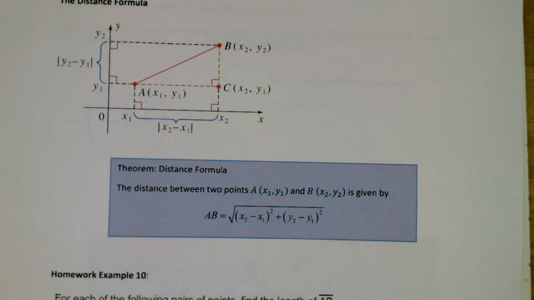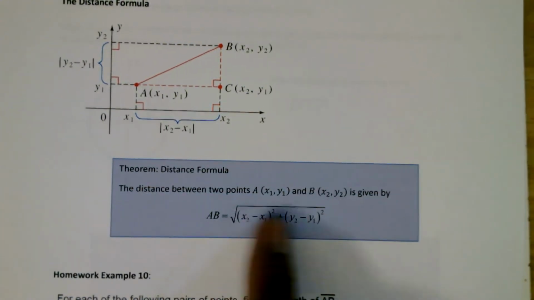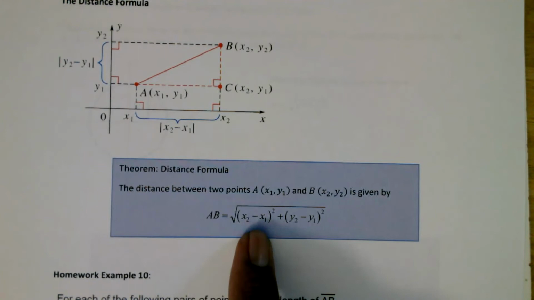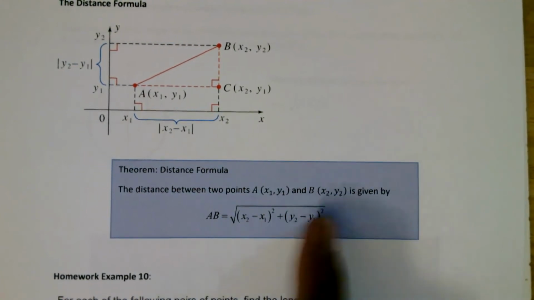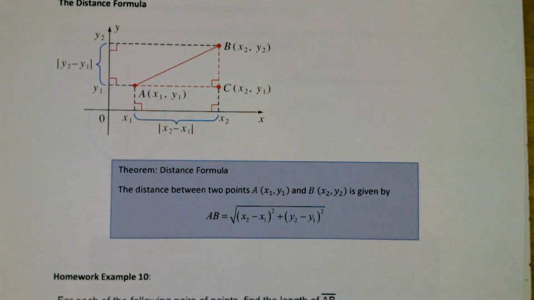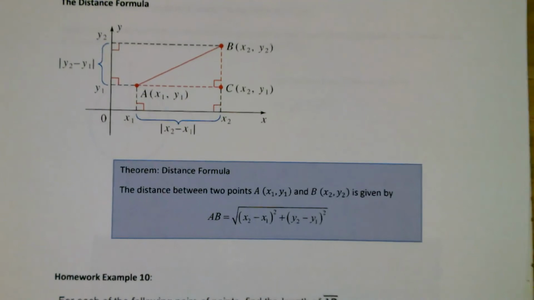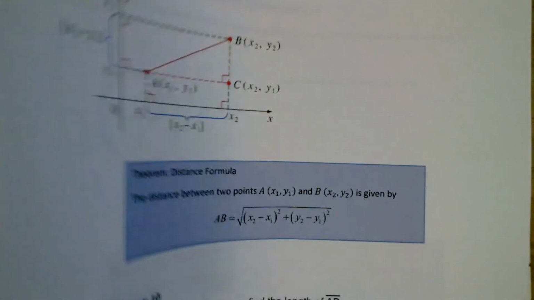The distance between 2 points A, which is x1, y1, and B, which is x2, y2, is given by AB is equal to the square root of x2 minus x1 quantity squared plus y2 minus y1 quantity squared. Okay, so we're going to apply that distance formula to these problems here.